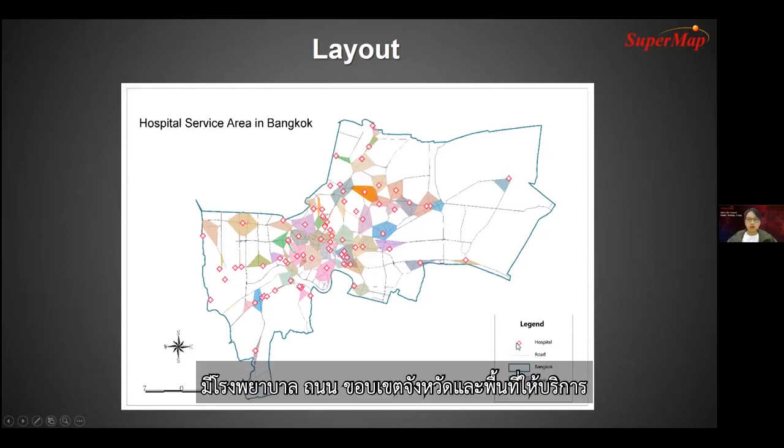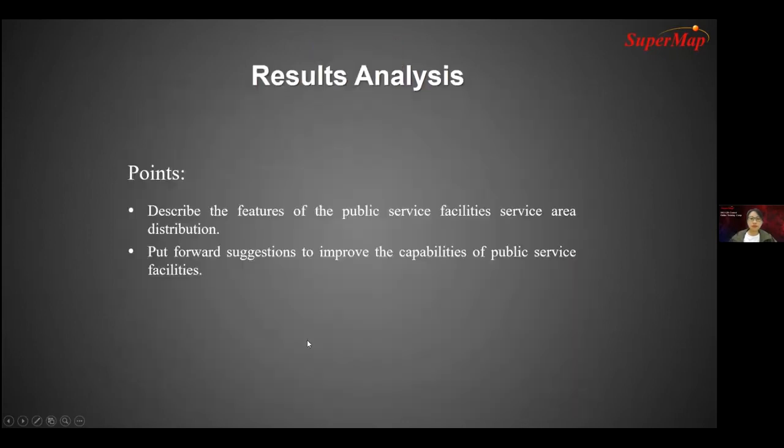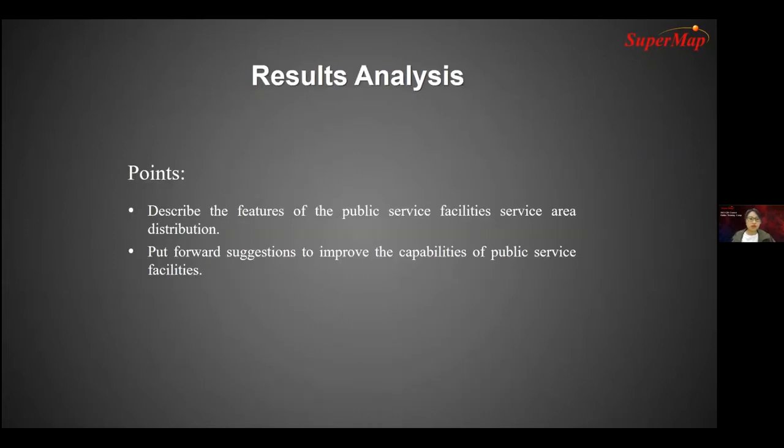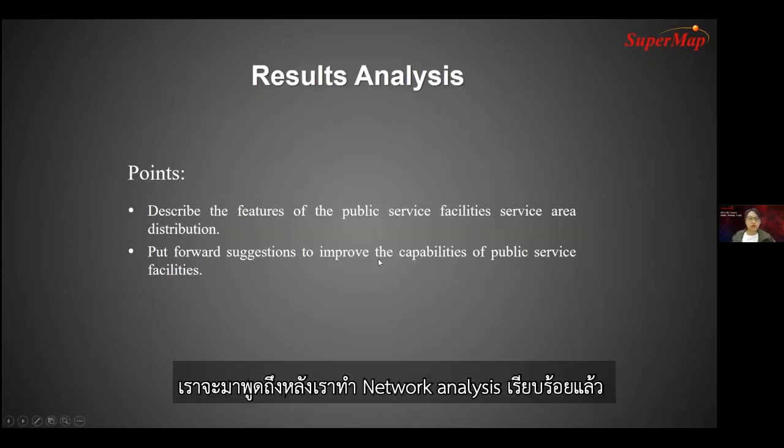Here, these marks mean hospital, road, and the boundary of the city and the service area. And the last one is the results analysis. So here we will talk about it after we finish the network analysis.